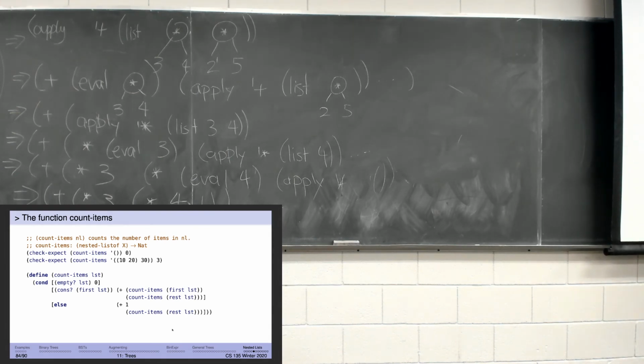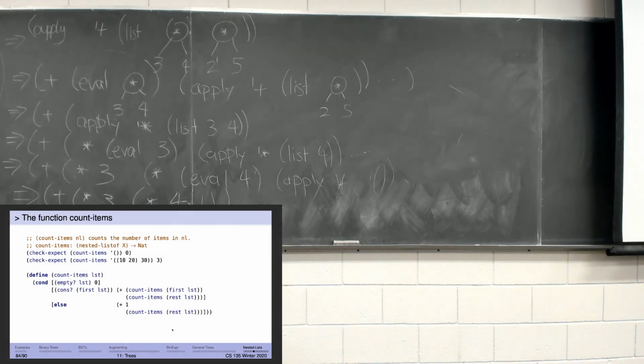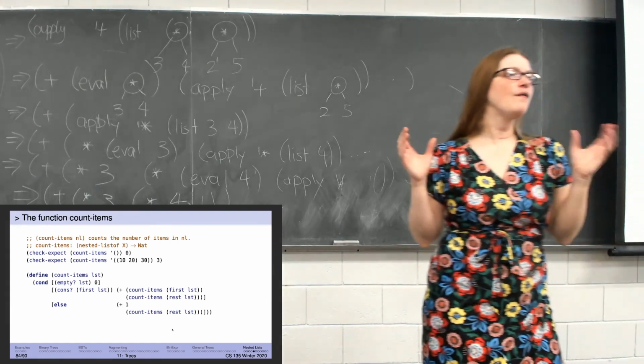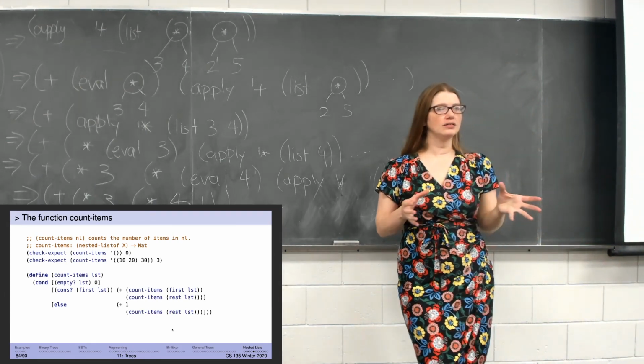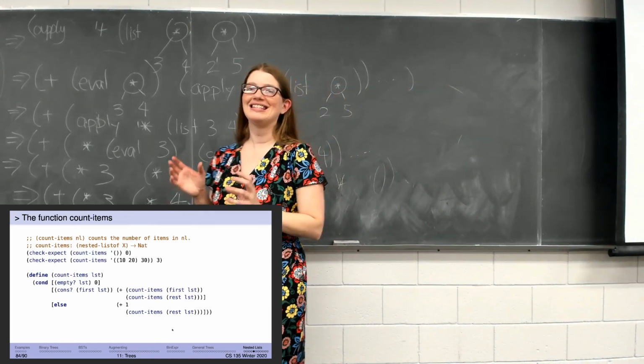If this item is a list, however, then we add the number of items in the first element to the number of items we get from the rest of the list. Two functions do fundamentally different things, follow that template exactly. And the template followed the data definition exactly.